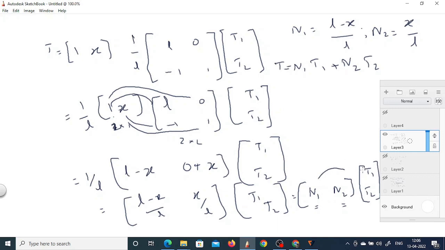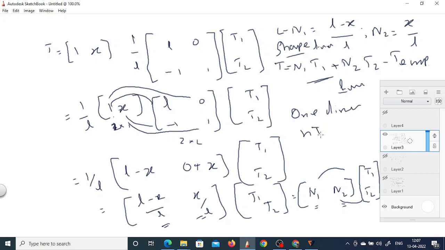N1 is equal to L minus x by L, N2 is equal to x by L. So the second equation is the temperature function, and the first equation is the shape function, which is the derivative for the temperature function and the shape function of one-dimensional heat transfer problems.